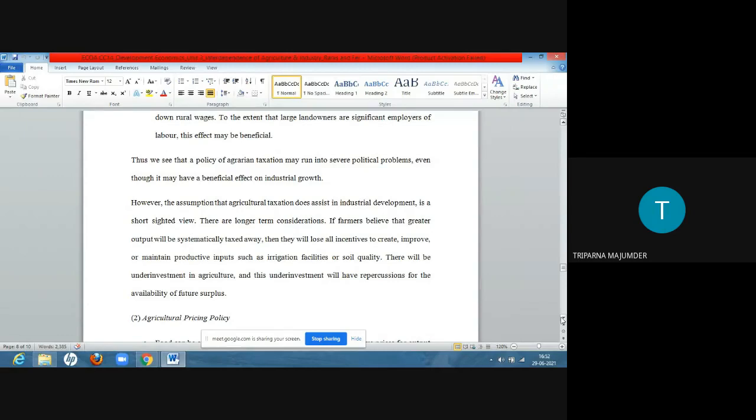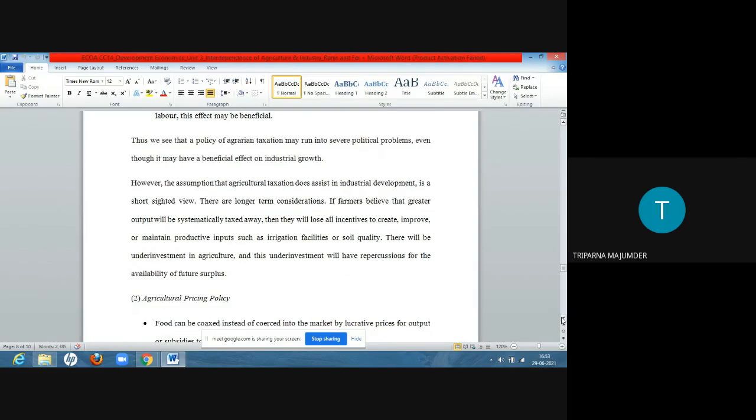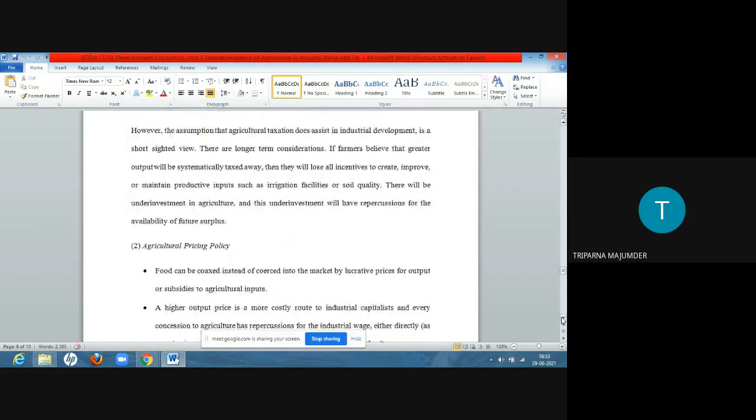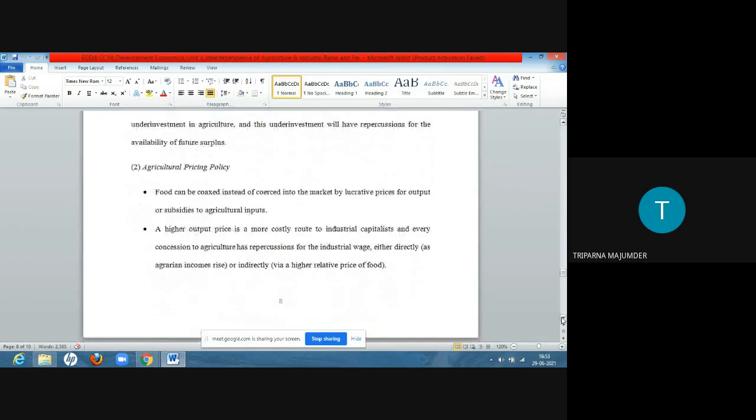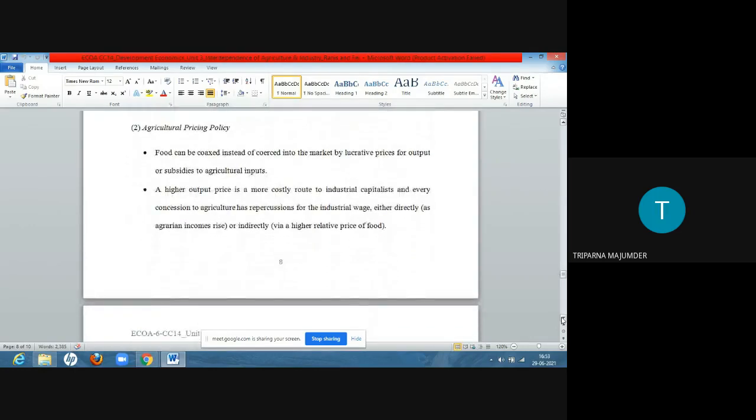There will be underinvestment in agriculture, and this underinvestment will have repercussions for the availability of future surplus. This is all we had to say about agricultural taxation. Now we come to agricultural pricing policy. This is a second policy issue.